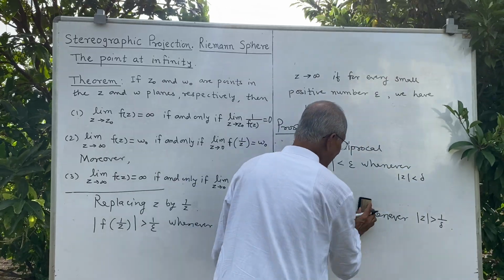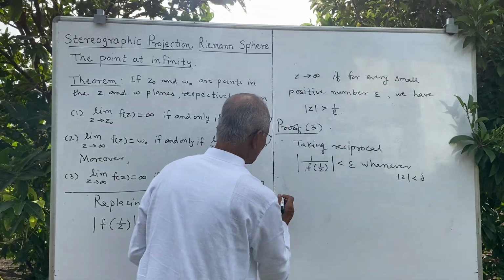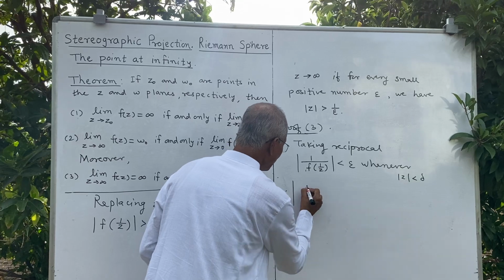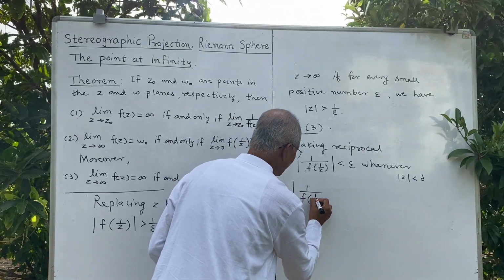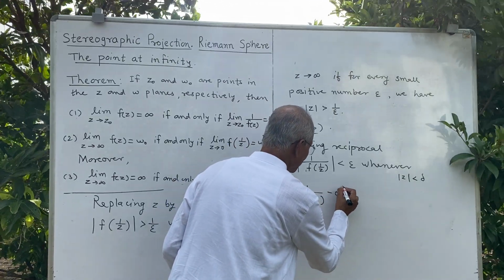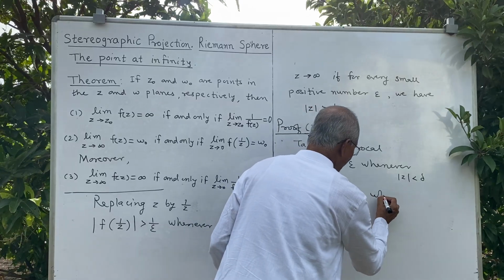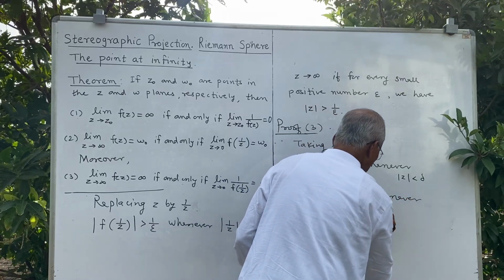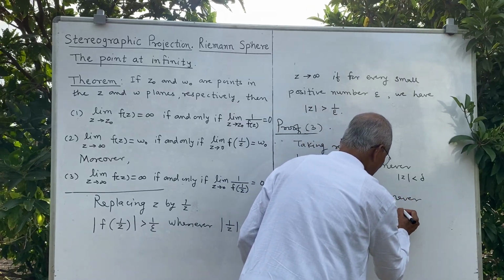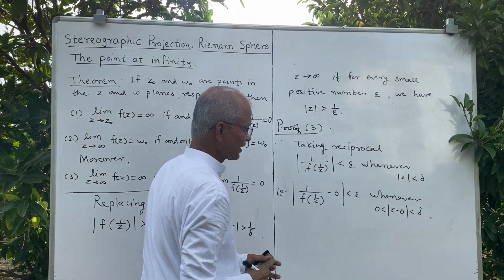The same thing we can write as the absolute value of 1 upon f of 1 by z minus 0 is less than epsilon, whenever 0 is less than the absolute value of z minus 0 is less than delta.